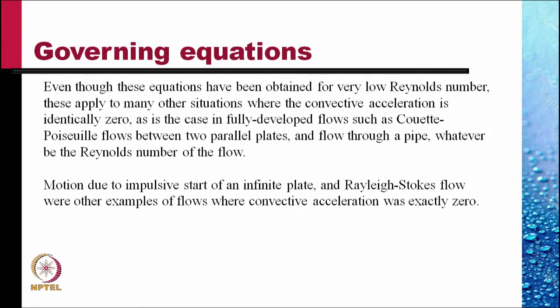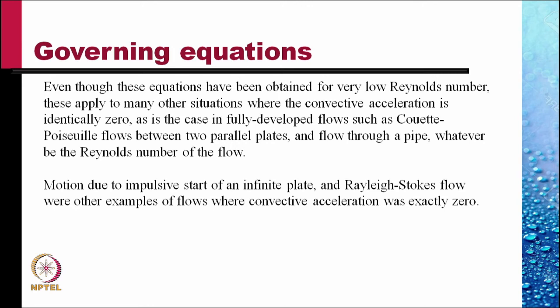Even though the governing equations for the low Reynolds number flow have been obtained by assuming the Reynolds number is low, these apply to many other situations where the convective acceleration is identically zero. As is always the case in fully developed flow, such as the Couette and the Poiseuille flows between two parallel plates and in flow through a pipe, whatever be the Reynolds number of the flow.